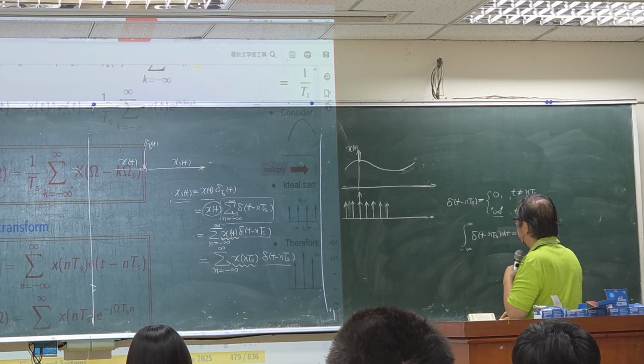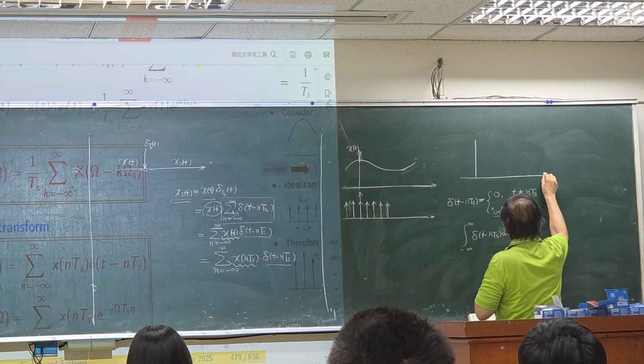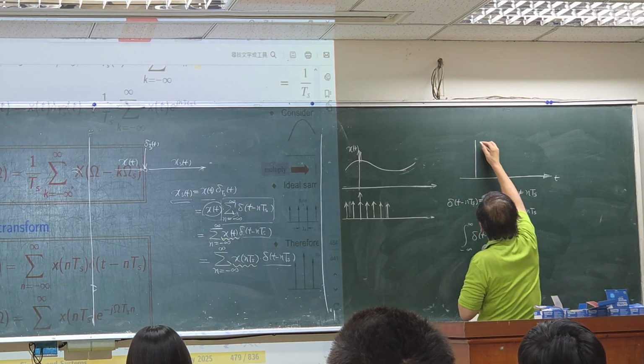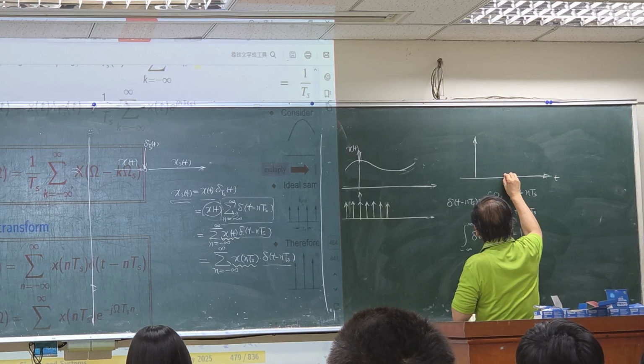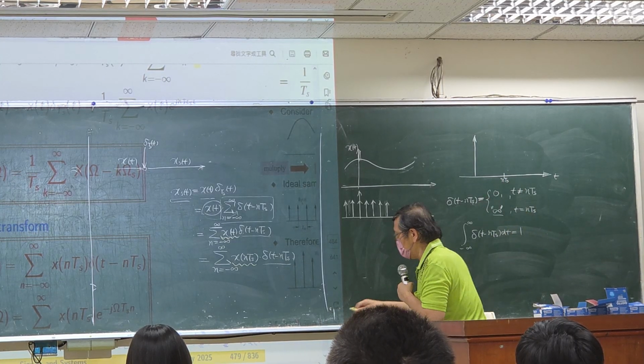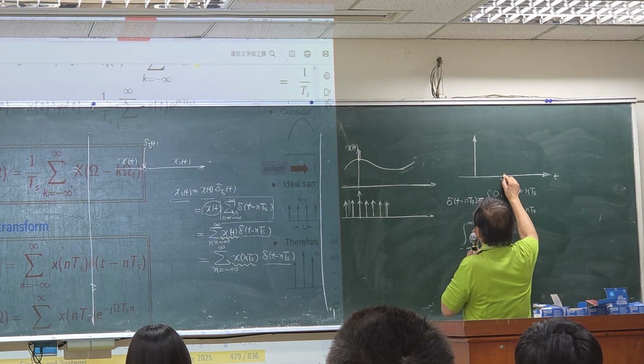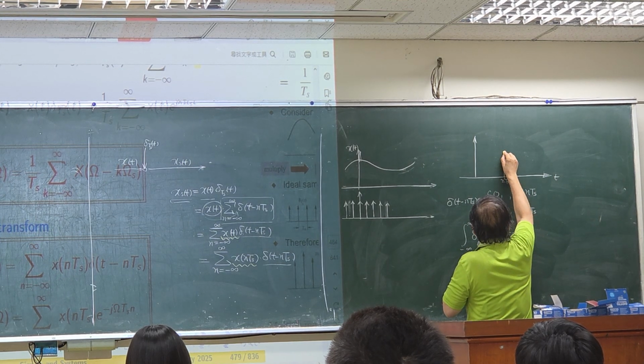So maybe, okay, let me show you another thing here in this way. This is t, and this is nTs. Let me use the rectangular approximation for the impulse.